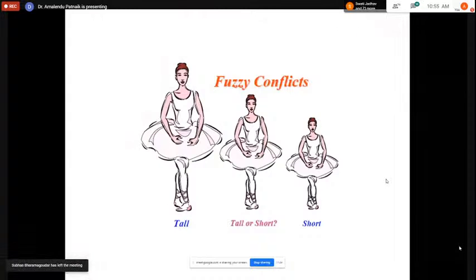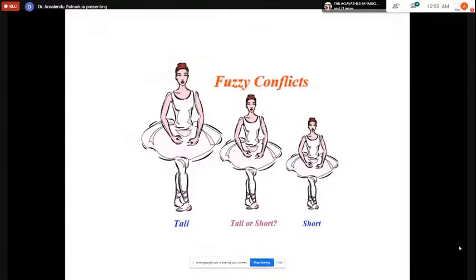But given this particular problem, if the short is there, then you can say this as tall. If this particular tall is there, you can tell this particular figure as short, right?